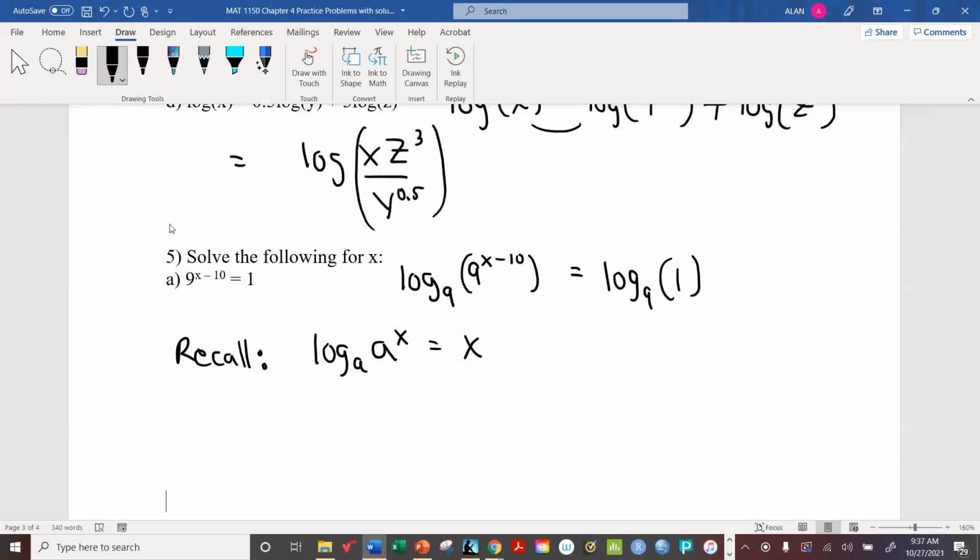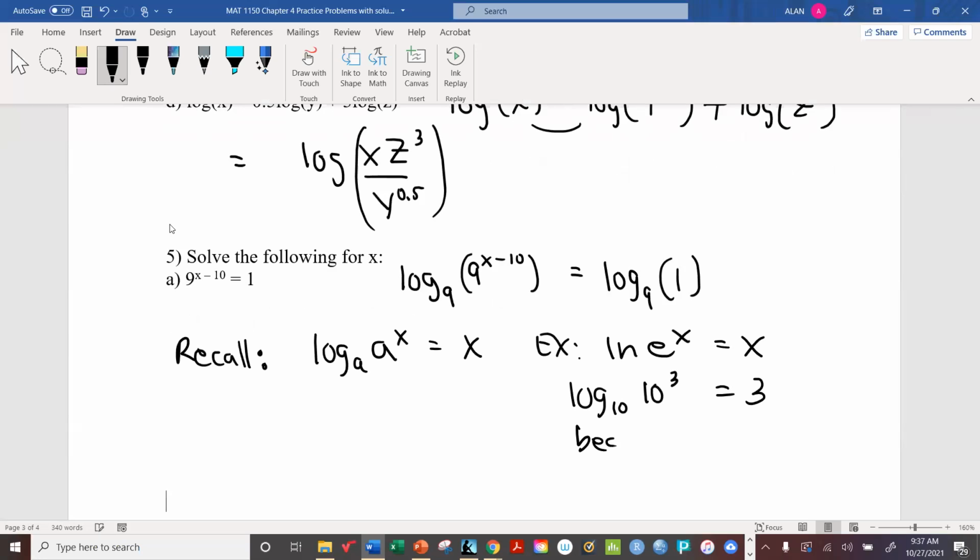As an example, the natural log of e to the x is just x. The log base 10 of 10 cubed is just 3. Because it's the same thing as saying the log to base 10 of 1,000 is 3.